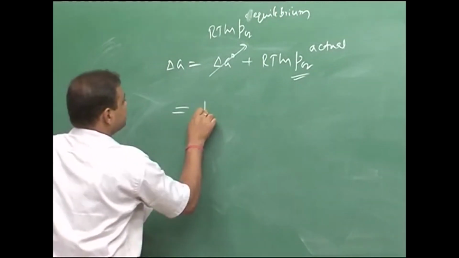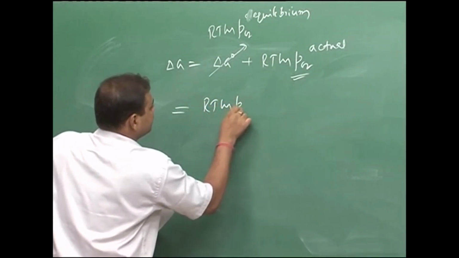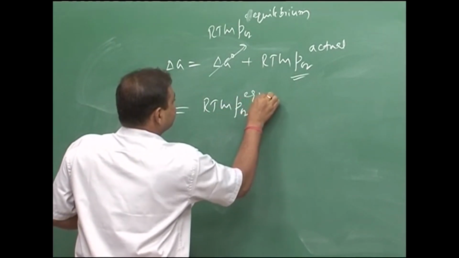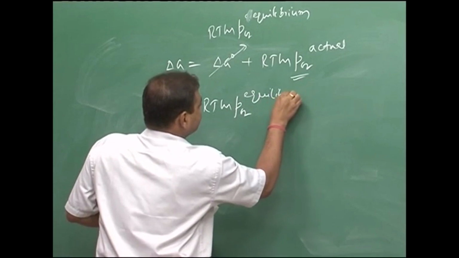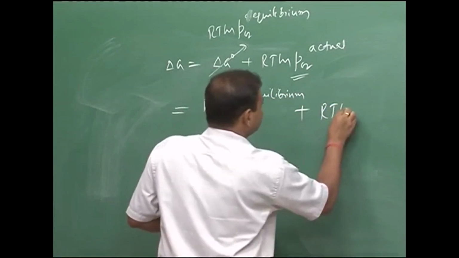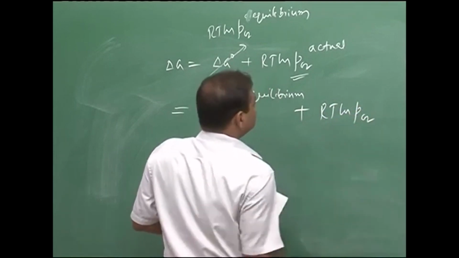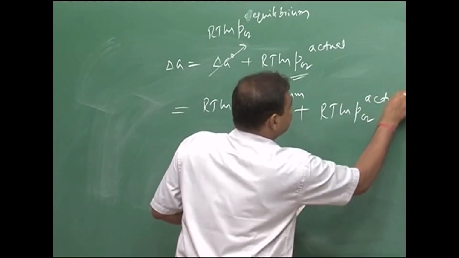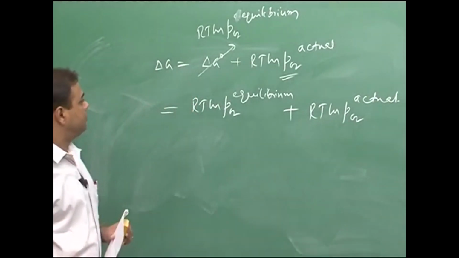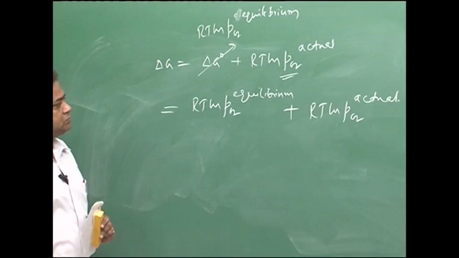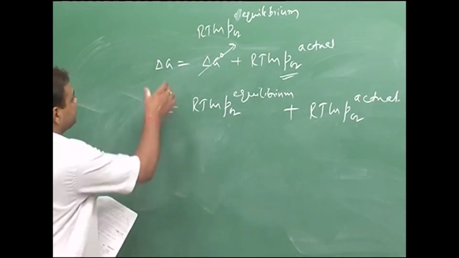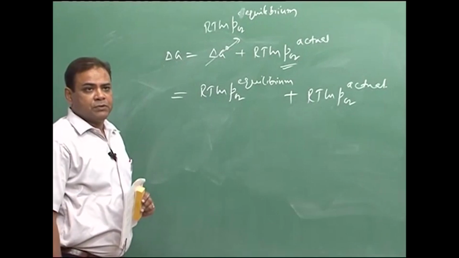So the equation becomes RT ln PO2 equilibrium plus RT ln PO2 actual. Now, if this is more than this value, what would happen? This would become positive.